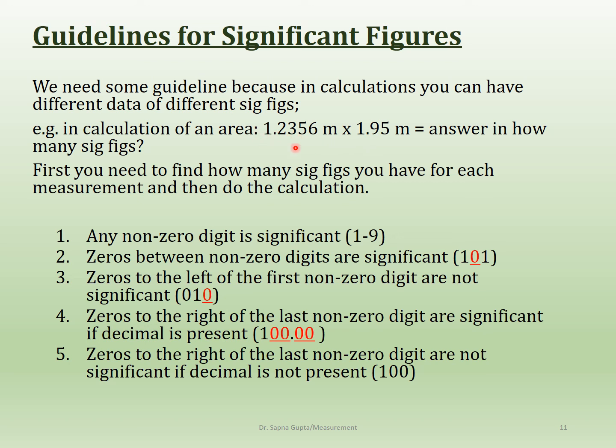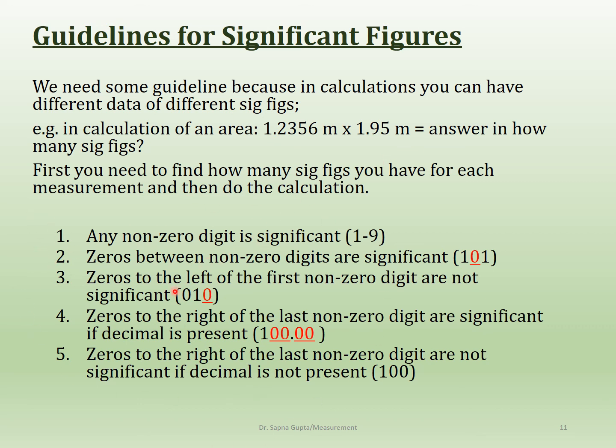Now the number of significant figures that you have in this one is different than what you have here, because your measurement instrument was different. So the first thing you have to be able to figure out is how many significant figures you have. Then we'll work with the calculation part. And so to figure out how many significant figures you have, here are the guidelines to do this.